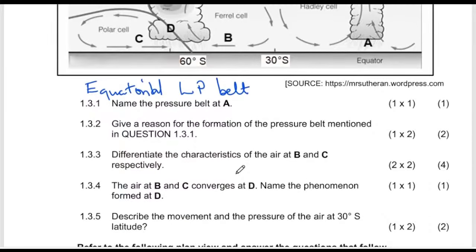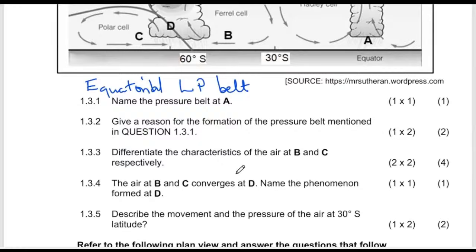But give a reason for the formation of the pressure belt mentioned in 1.3.1. What is the reason? What you need to explain here is that the subpolar is a high pressure belt.